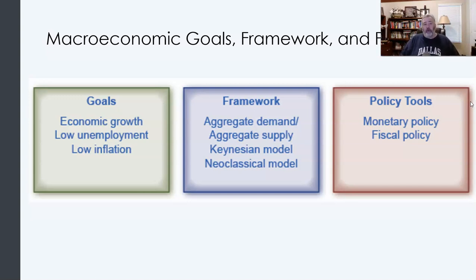And then in order to try to accomplish sustained growth, low unemployment, and low inflation rates, we're going to use two different types of policies. We're going to look at monetary policy. Monetary policy is your money supply. You change the money supply to affect interest rates.